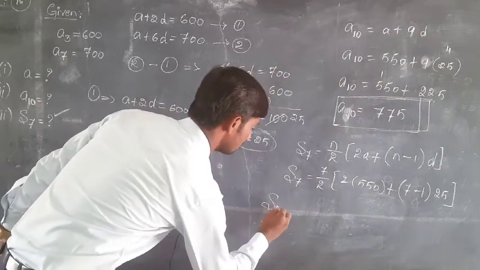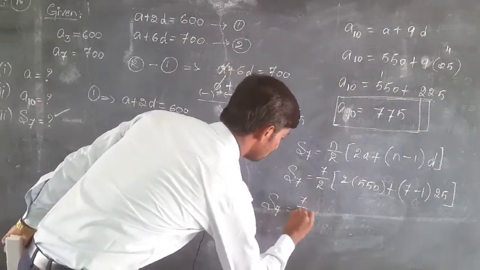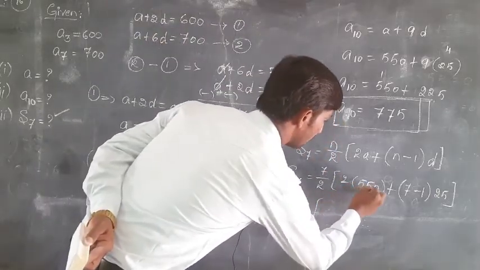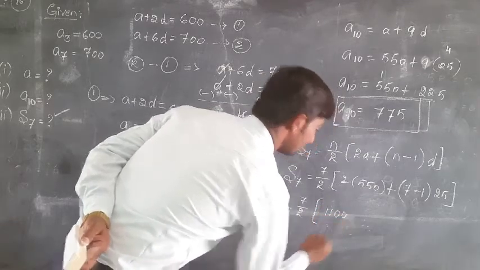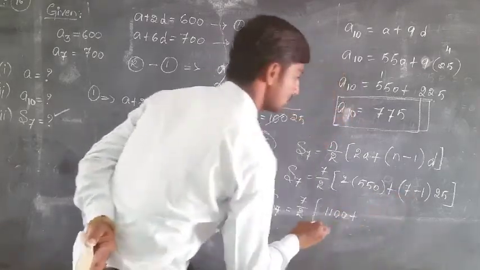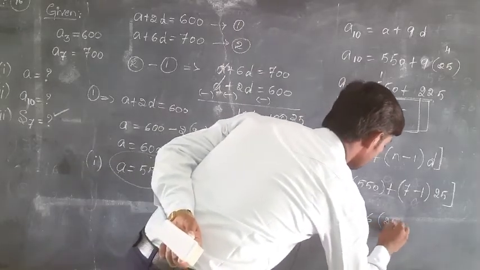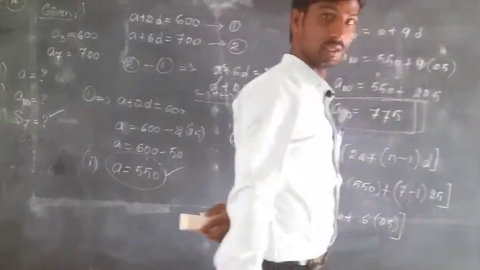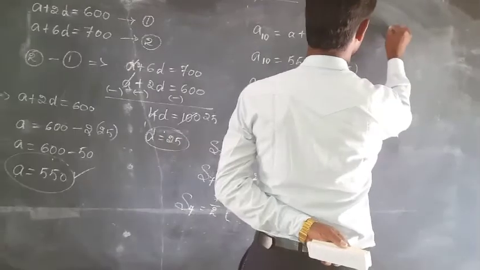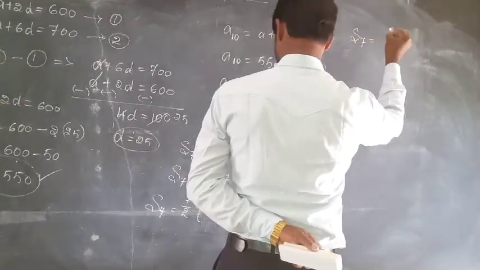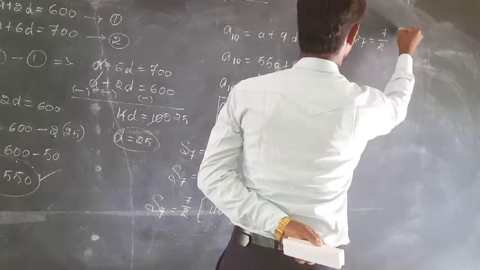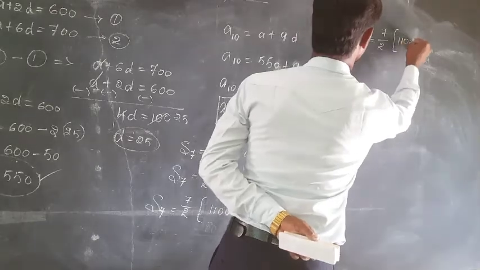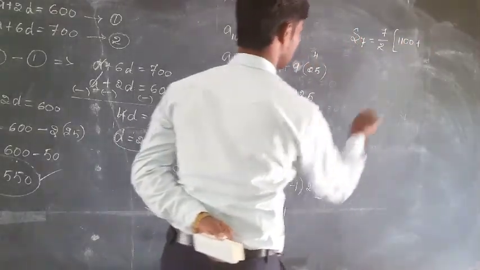That is S7 is equal to 7 by 2. We can't divide 7 by 2, so therefore, 2 times 550 is 1100, plus 7 minus 1 is 6 times 25, that is 150.